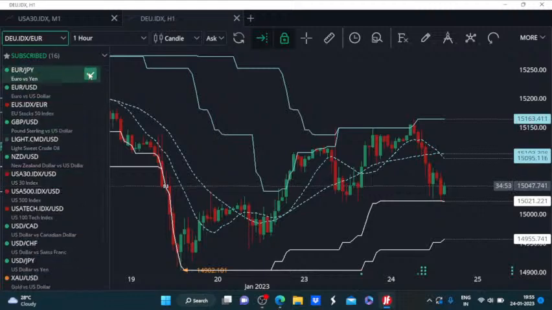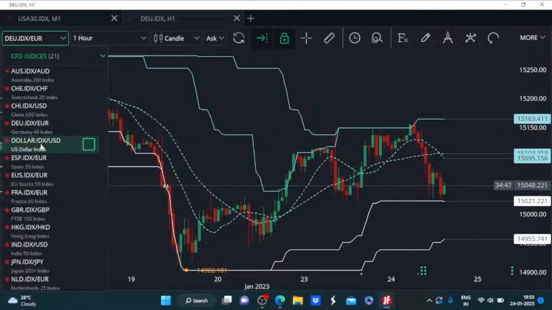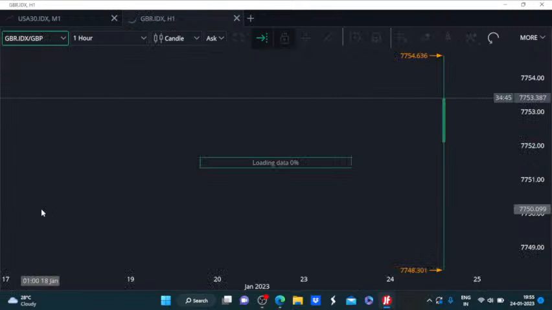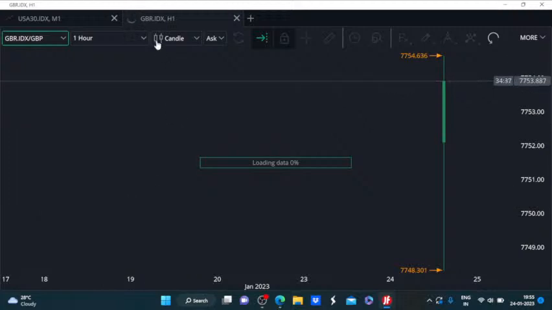Let's consider FTSE 100 as well. FTSE 100 is taking time.